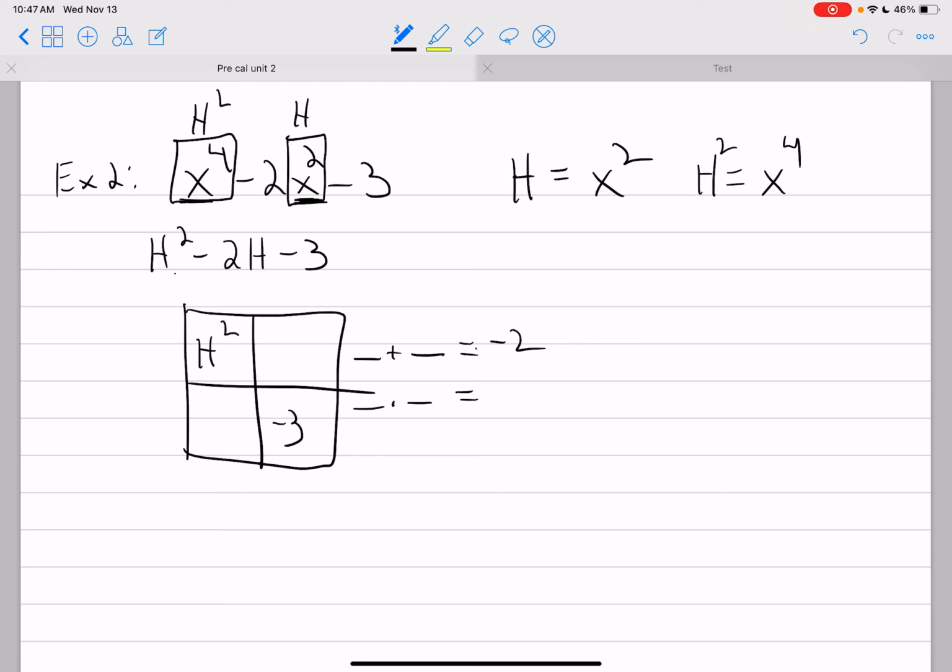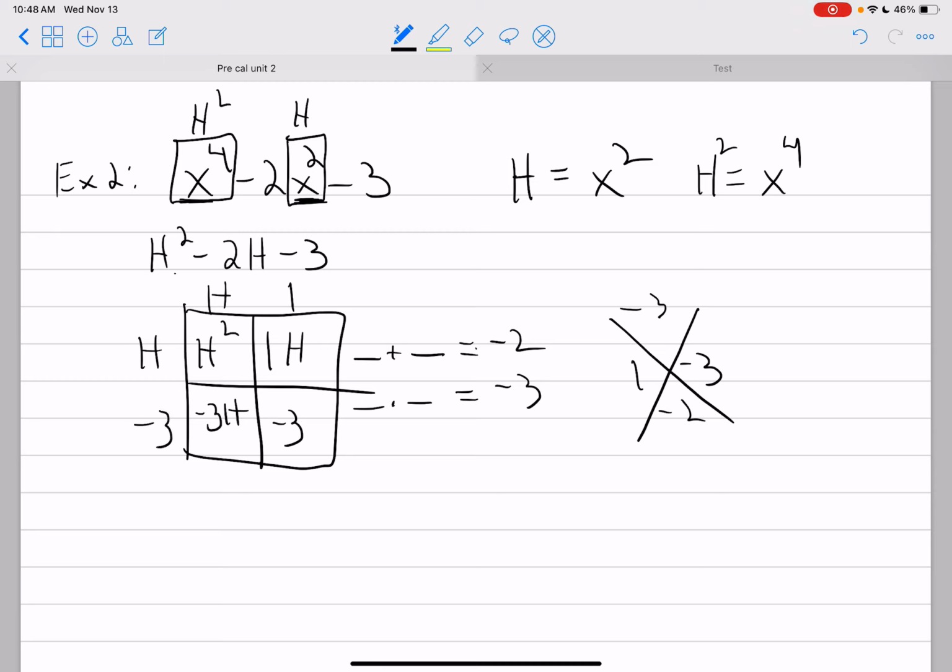They need to multiply to negative 3. 1 times negative 3 is negative 3. 1 minus 3 is negative 2. Easy work. 1h, negative 3h. Cool. So I end up with h plus 1 times h minus 3.